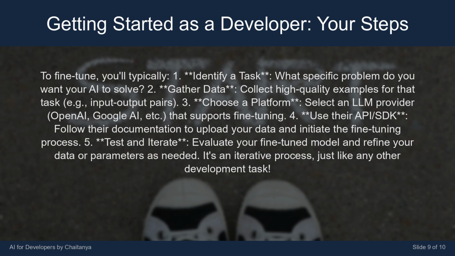Use their API, SDK. Follow their documentation to upload your data and initiate the fine-tuning process. 5. Test and iterate. Evaluate your fine-tuned model and refine your data or parameters as needed. It's an iterative process, just like any other development task.